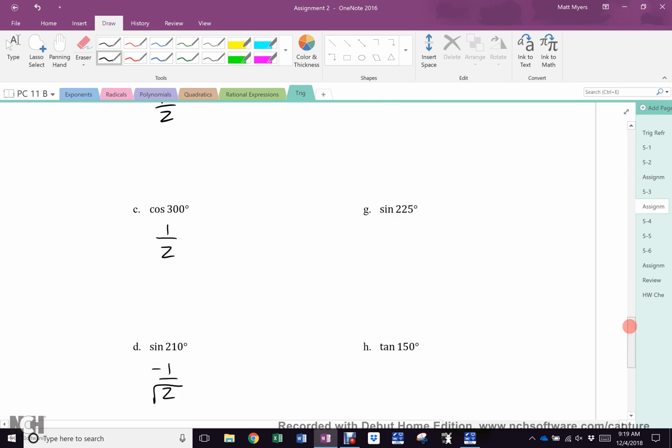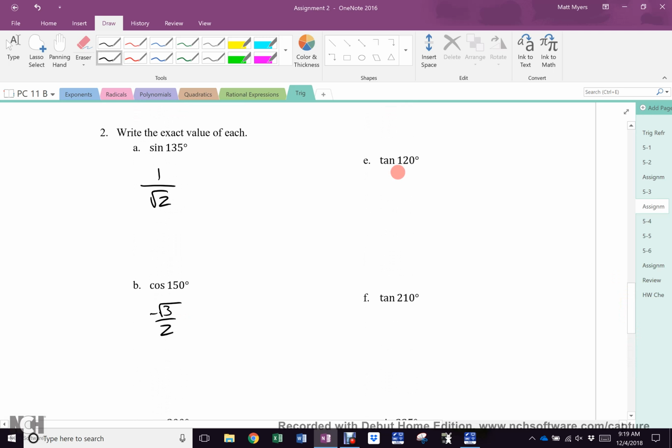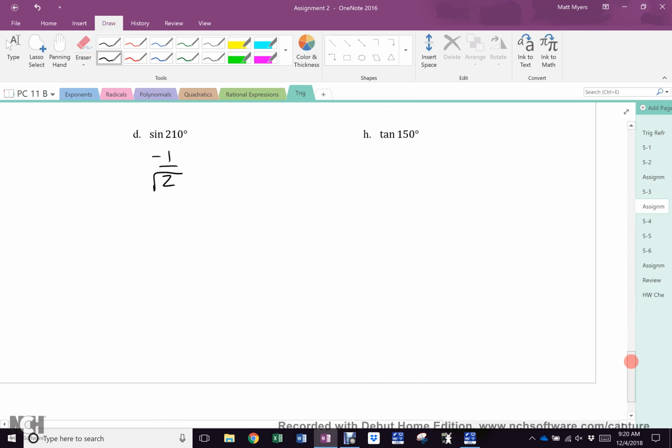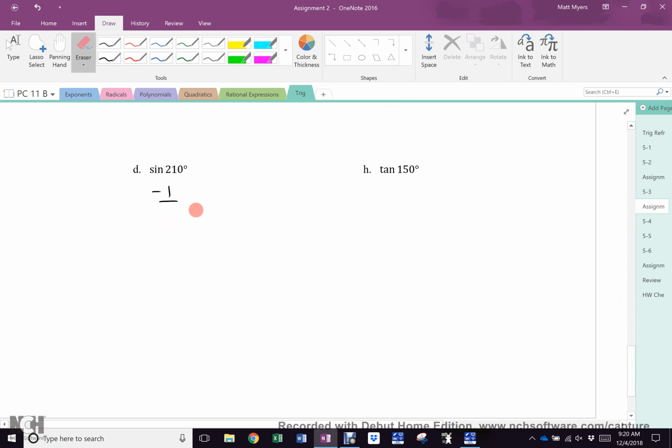Root 2. Back up to E, 120. That is a 60. Did you say -1 over root 2 for B? Oh, no. Sorry. Root 2.